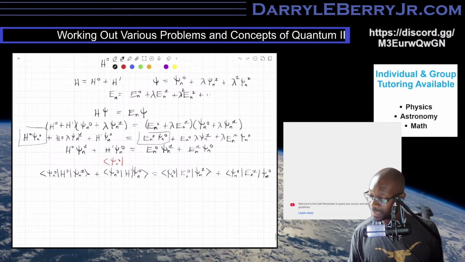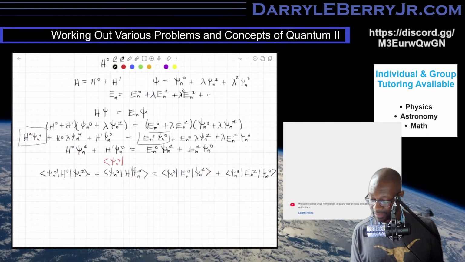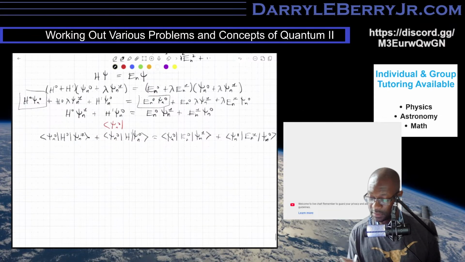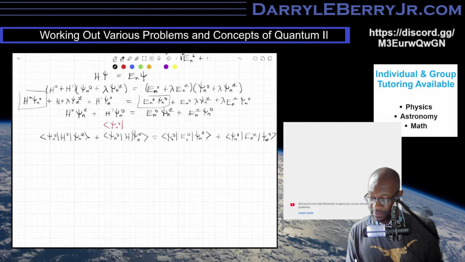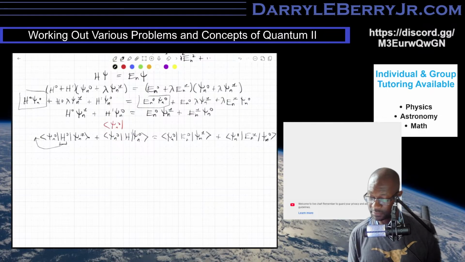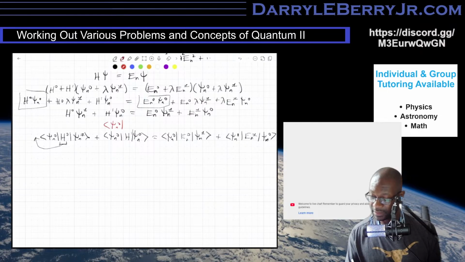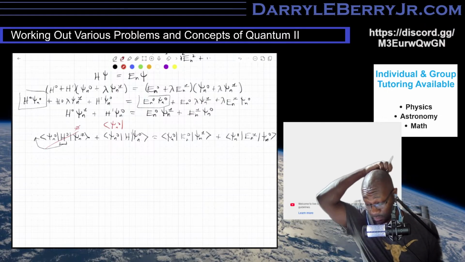So we have that written out, and this is just a constant, so it'll come out to the front, and m equals not n, so this would be 0.